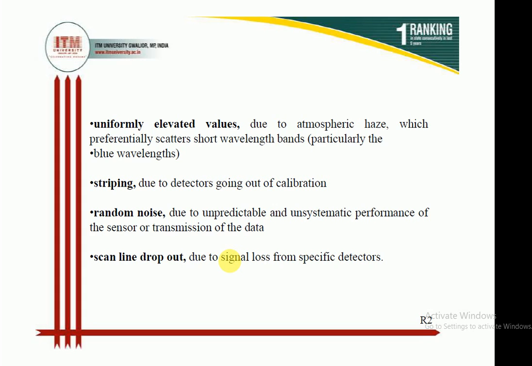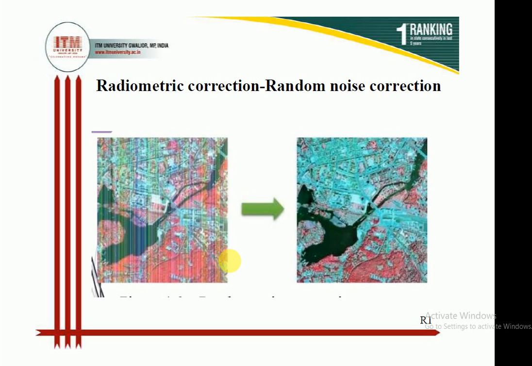If there is variation in the transmission of signals with the help of the sensor, and the signals are not approachable, or the transmission of the signal is not systematic, then it is corrected by random noise correction. And if a specific sensor has certain loss in the signals, the signal loss can be corrected by the scan line dropout method.